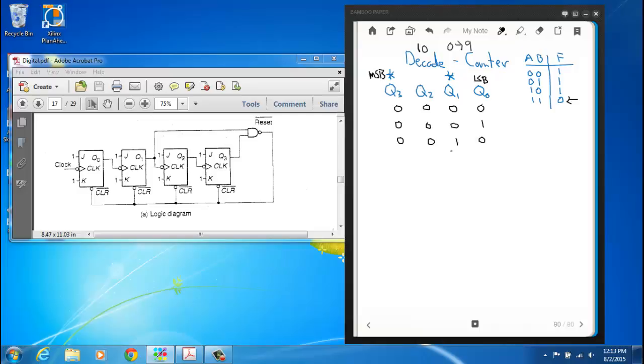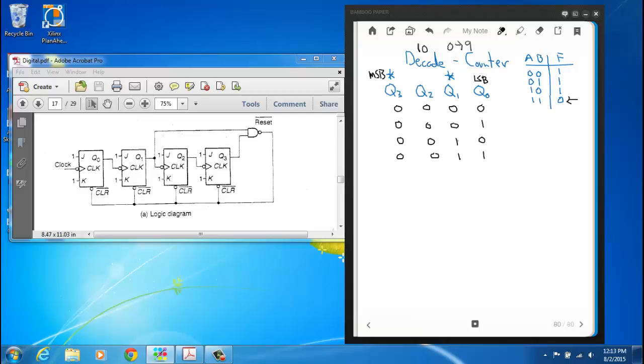So far this is no different than the 8 counter that we looked at a couple of videos ago. Now Q3 is 0 and Q1 is 1, the output of the NAND gate is still a 1, so the counter continues to count, the next clock pulse comes along, and we go to a binary 3.